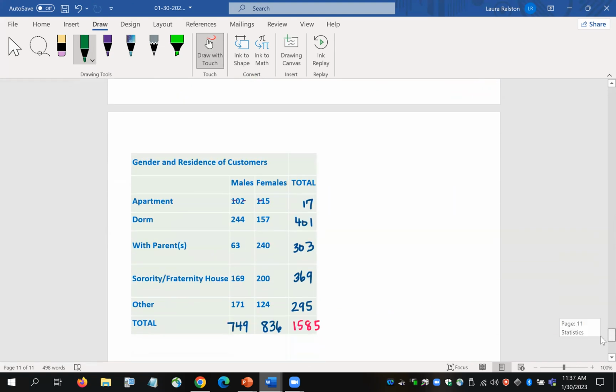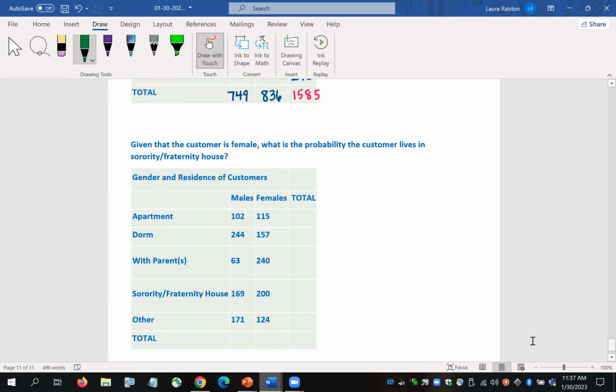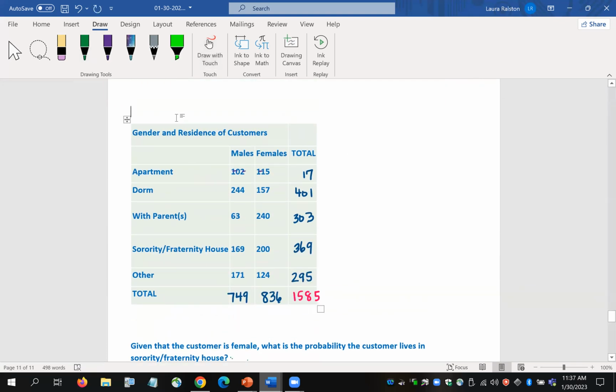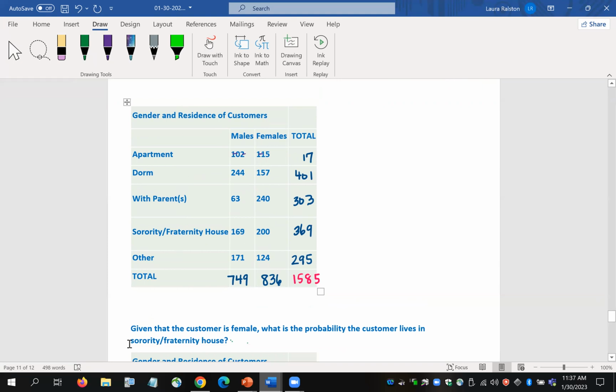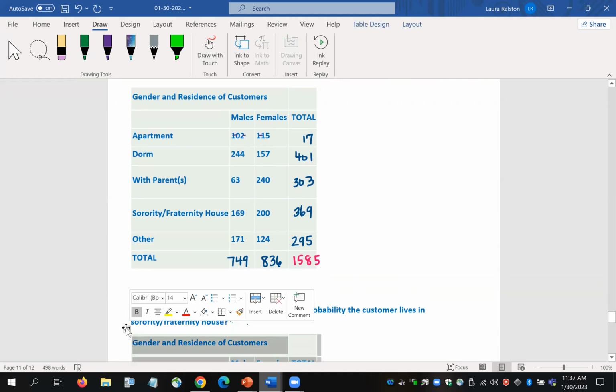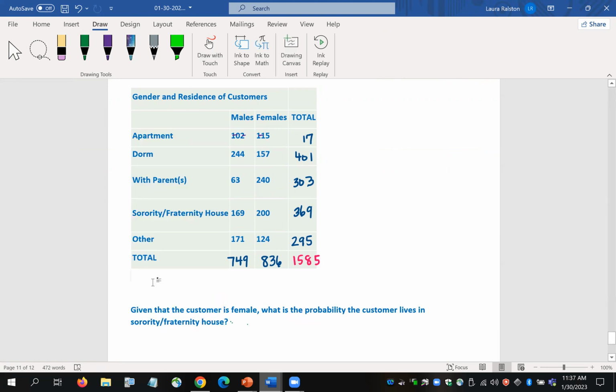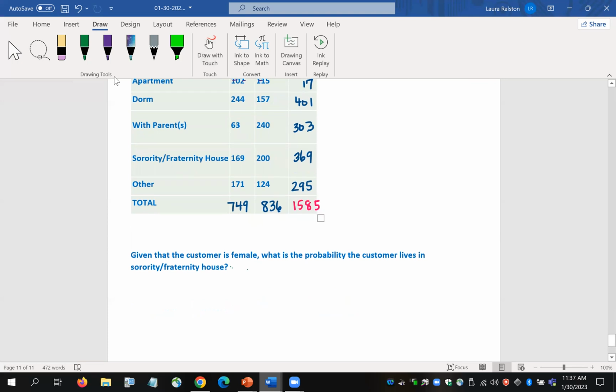Okay, so this question says, given that the customer is female, what is the probability the customer lives in a sorority or a fraternity house?